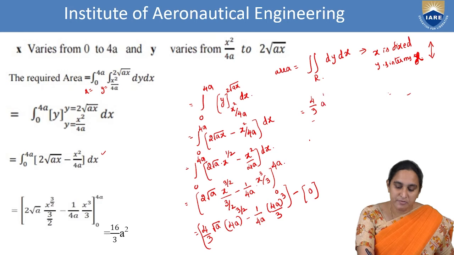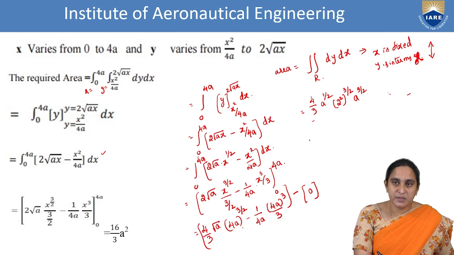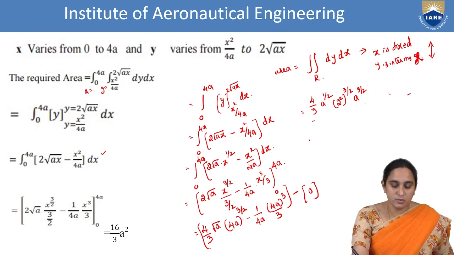I will write this simply as a power 1 by 2 into 4 power 3 by 2. That means 2 square whole power 3 by 2 into a power 3 by 2, using the form a power m into b power m. That is 2 square whole power 3 by 2 into a power 3 by 2 minus 1 by 4a into 4a whole cube, which I'll write as 4a into 4a whole square by 3.